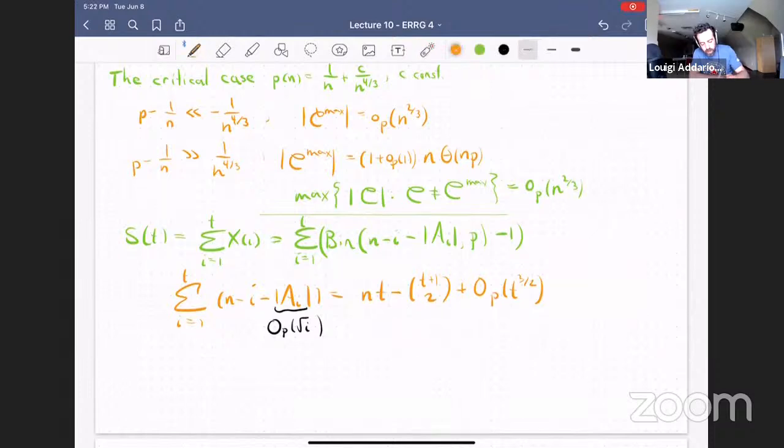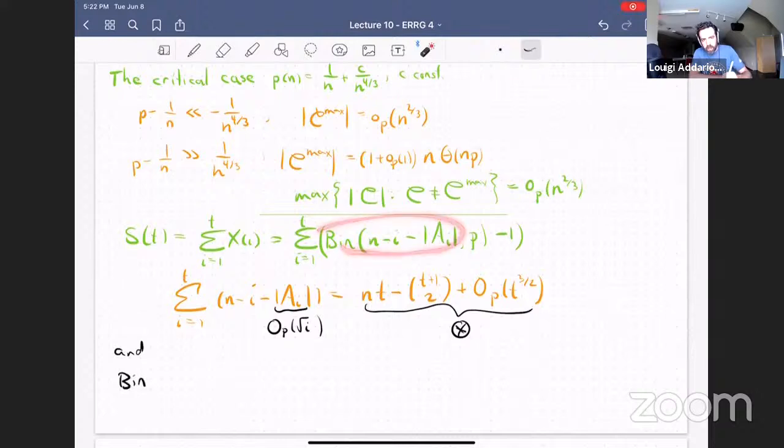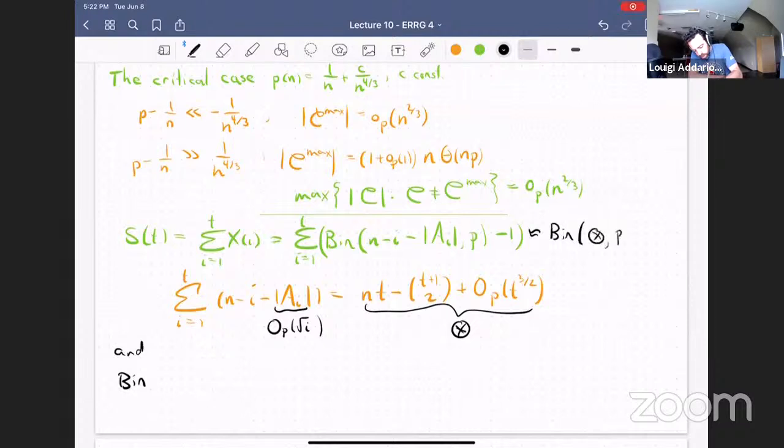So let's think about what that says about the fluctuations of S. Let me call this thing star. A sum of binomials looks like another binomial, so I can think of this whole thing as a binomial whose parameters are star and p, and there's a minus 1 at each step, so I need to subtract t. So what does a binomial like that look like?